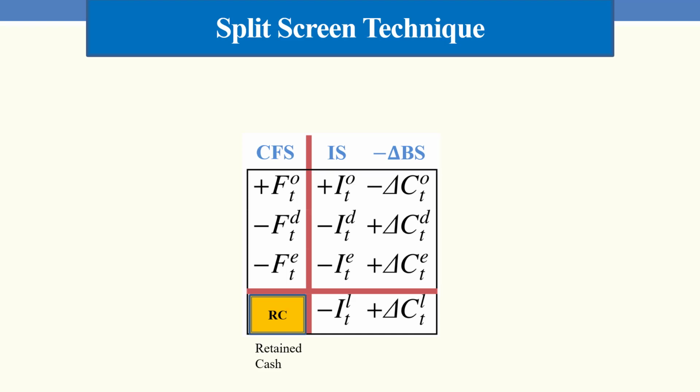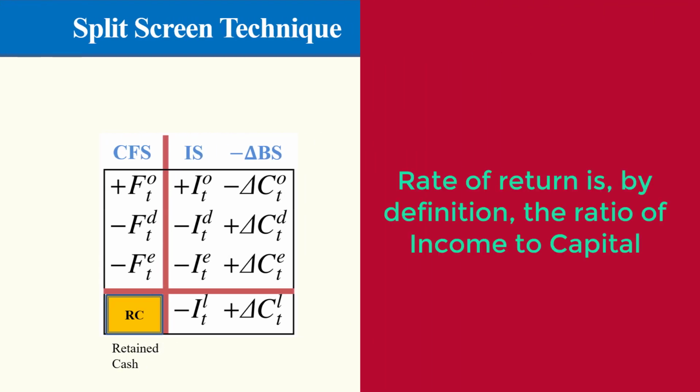We can draw any kind of accounting information with the split screen matrix. But suppose we want to obtain information on some rate of return. We want to measure the return on the invested capital. More precisely, on the operating part of the investment capital. How can we find it starting from this format?